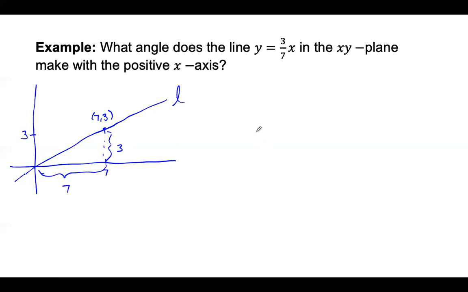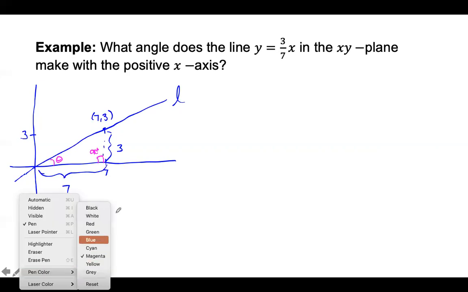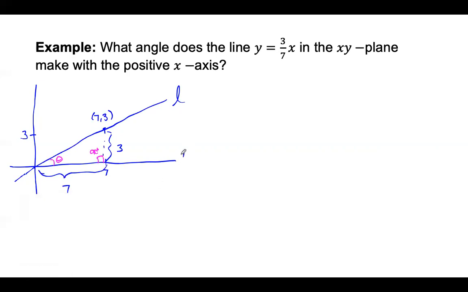So we're looking for this angle. And remember, this is 90 degrees here. I'm just going to label our axes because it says the XY plane. So this is our x-axis, and this is our y-axis.